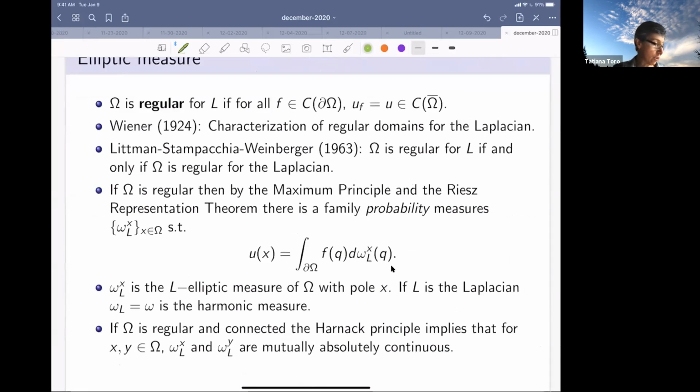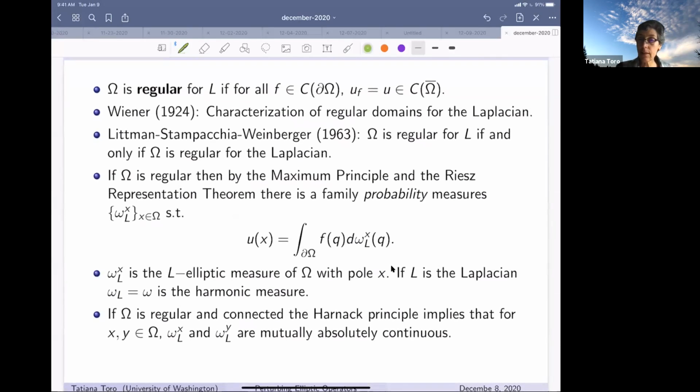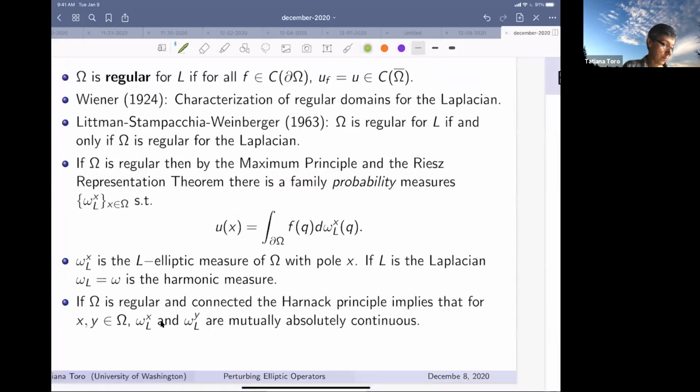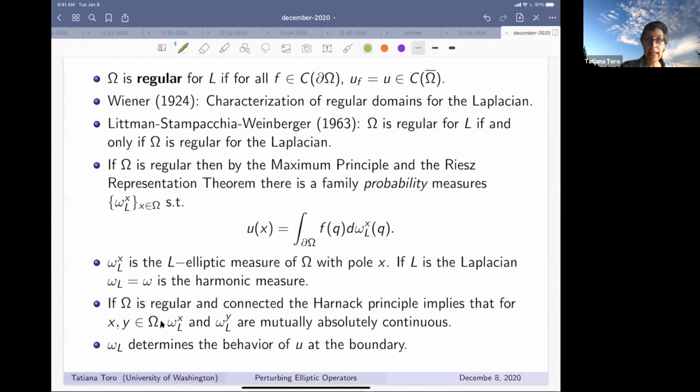And in this talk, we're only interested in properties that go along these lines. So we will very soon, like now, drop the x and the y and just talk about the elliptic measure with the understanding that whatever property we have for one pole, we have for the other pole with slightly different constants, okay? So omega L determines the behavior of u at the boundary.